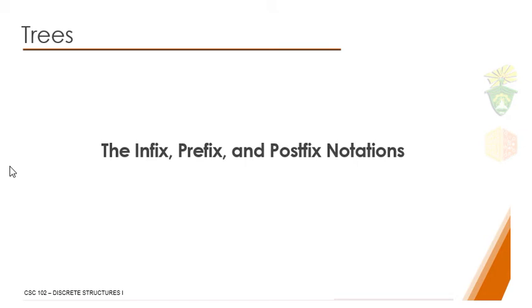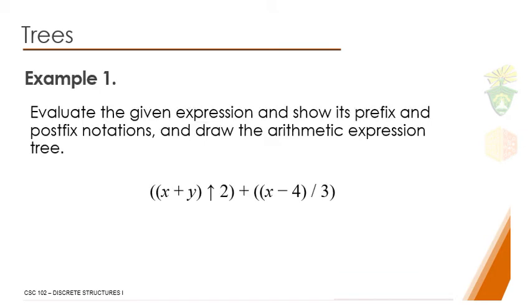Okay. So, let's try example number 1. Evaluate the given expression and show its prefix and postfix notations and draw the arithmetic expression tree. So, we have x plus y raised to 2 plus x minus 4 divided by 3.